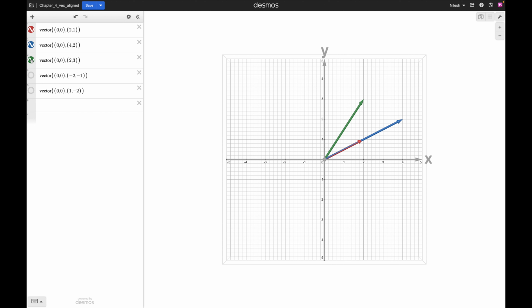Now if we look at other directions, this one, the green arrow, is pointing in a similar direction as the red arrow, but it is not quite as aligned as the blue arrow is. The blue arrow is essentially exactly the same direction. The green arrow is in a similar direction, but there's still room for improvement. Now if you look at the violet arrow, it is in a completely different direction as compared to the red arrow.